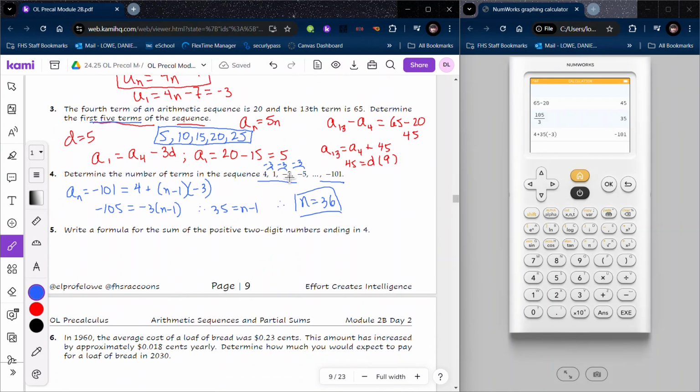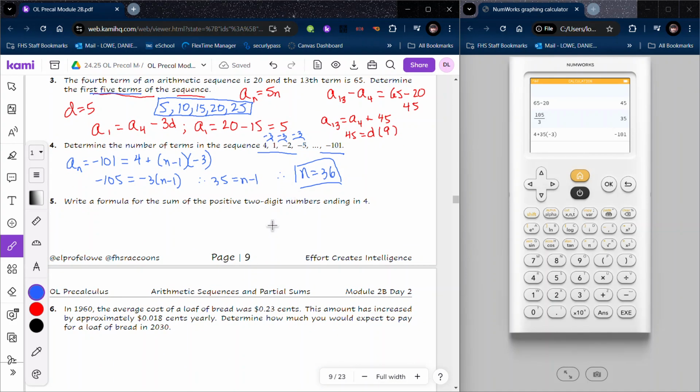Okay. Continuing, if I want to write a formula for the sum of my given terms, and it's going to be 2-digit positive numbers ending in 4, well, I need to think about what this is going to represent. So 2-digit numbers ending in 4.